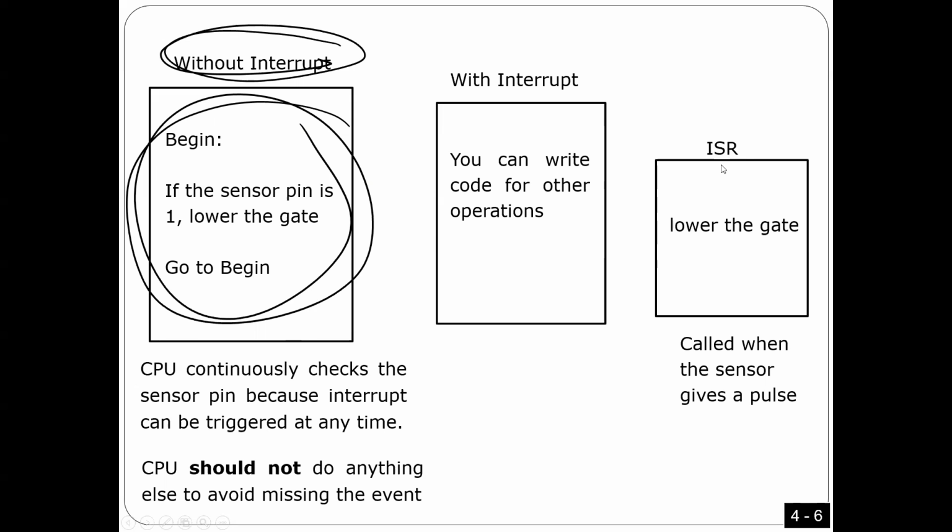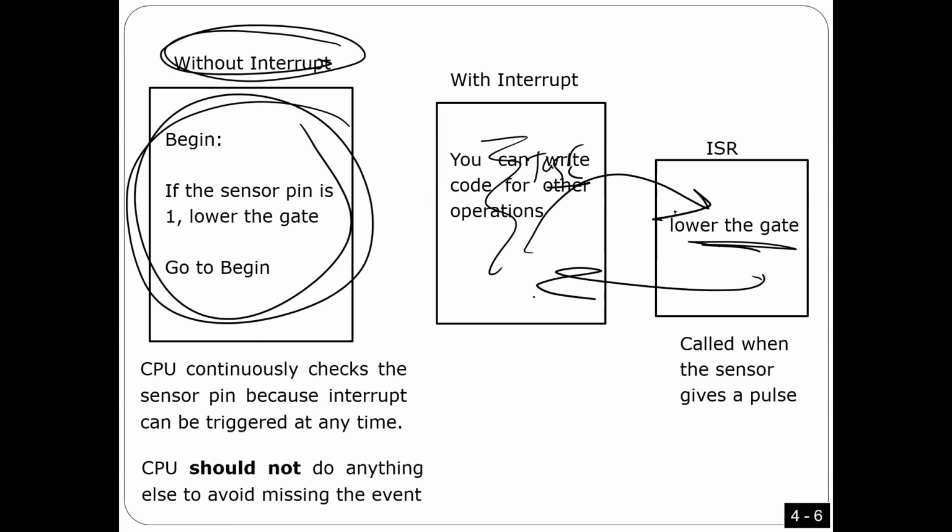If you want to use interrupts, what's going to happen? I can put a task here. With this task, you can use the keypad, you can use the LCD, you can take care of anything else. You can do a task here, and then every time there is an event, the hardware is going to trigger an interrupt, then execute this one and come back. Very important, please listen to this one.